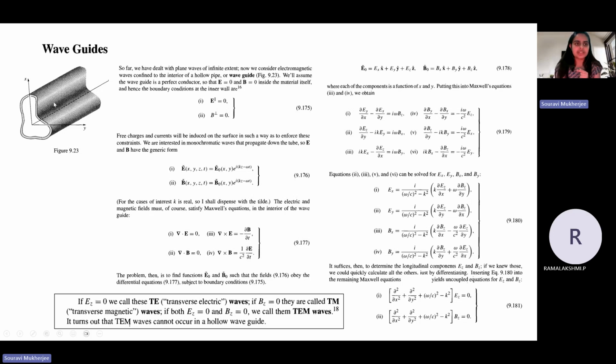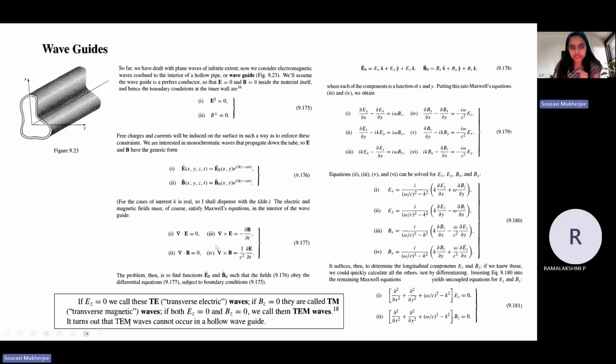But now because you have this waveguide, which puts a boundary condition, which says that at this inner wall, the parallel components of electric field and the transverse components of magnetic field should go to zero when we talk about the inner surface. Okay.